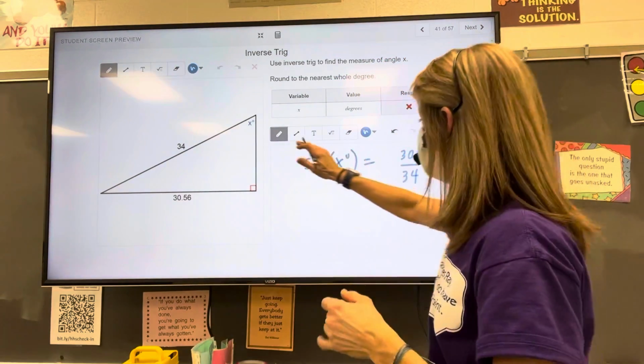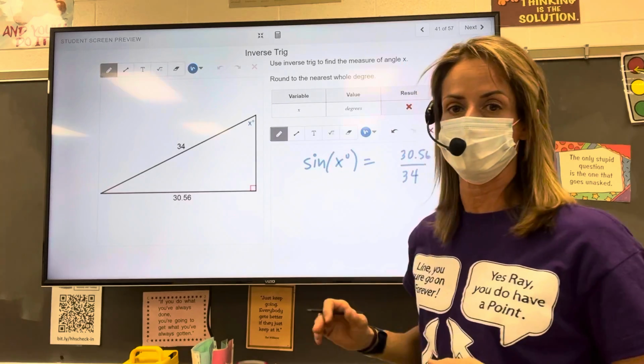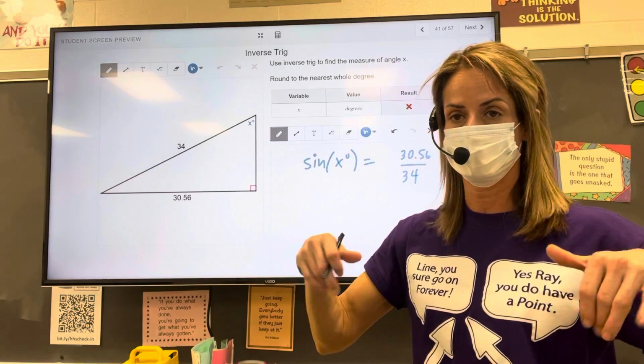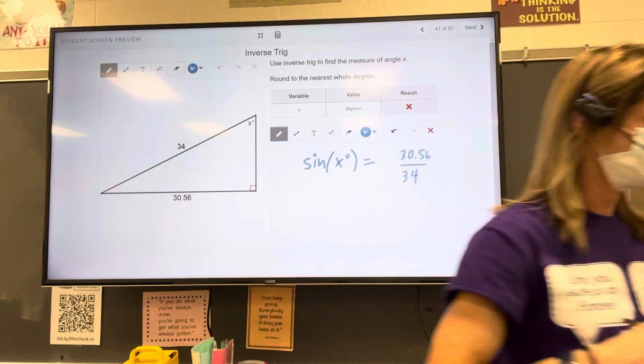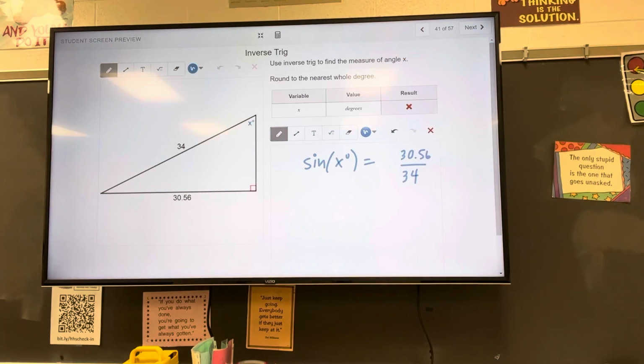So I'm going to inverse sine both sides of this equation just to keep it balanced. Like in science, we keep things balanced. So here's what that looks like in a different color. And this is the hardest type of problem you're going to get using trig. If you're okay with what I'm doing right now, there's nothing harder.